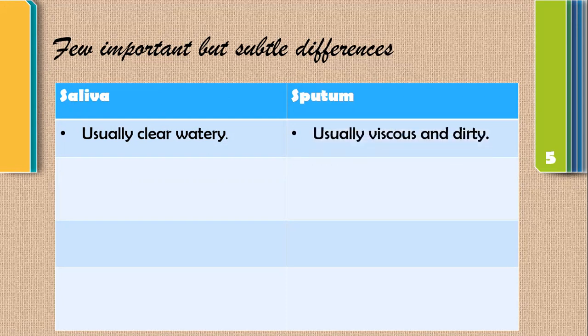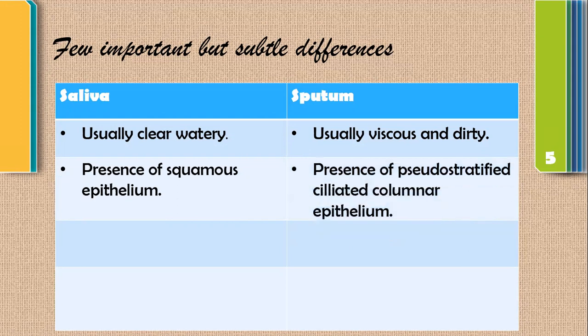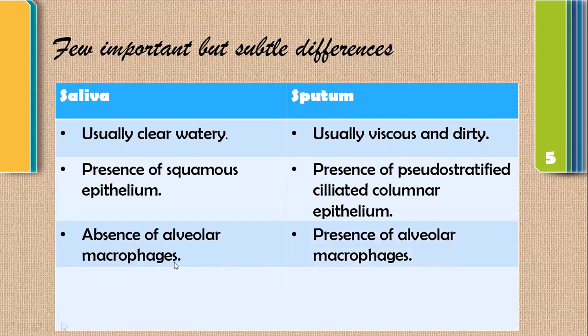dirty appearing. In saliva, there is presence of squamous epithelium, whereas in sputum, there is presence of pseudo-stratified ciliated columnar epithelium. This kind of epithelium is also known as respiratory epithelium because it is present mostly in the respiratory tract. Next, in saliva, there is absence of alveolar macrophages, whereas in sputum, there is presence of alveolar macrophages.